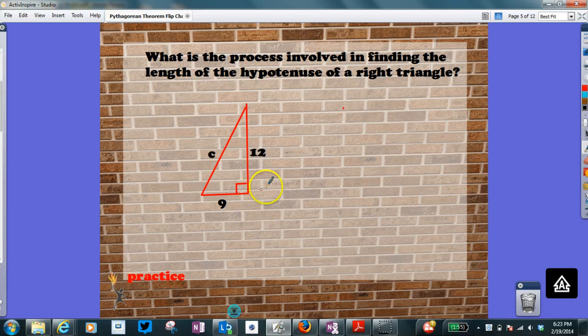Alright, as you look at this, if you're comparing it to what you did, I know this is my A and B. I like to start with the lowest one here if it's A and B. So I'll go 9 squared plus 12 squared is going to equal C squared. Well, 9 squared, 81, plus 12 squared, which is 144, equals C squared.